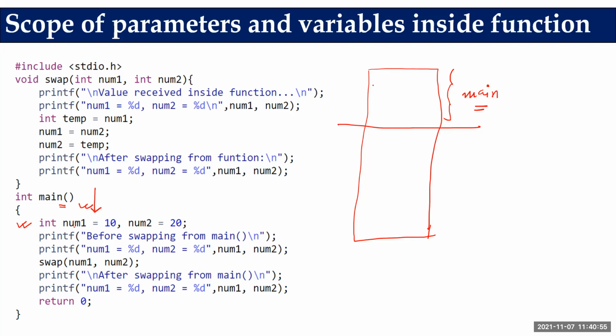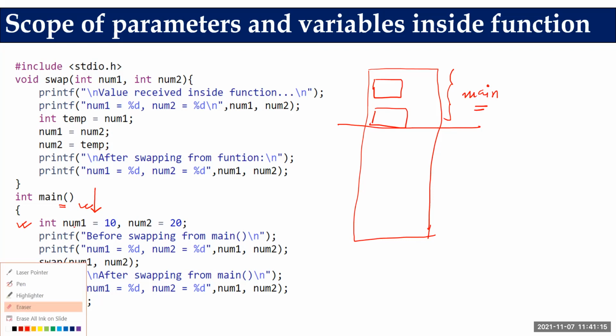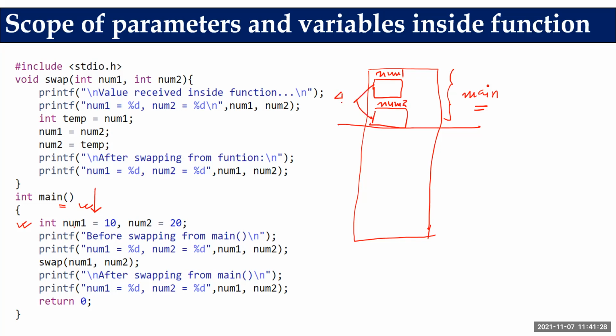So let's allocate 4 bytes of memory for num1 and num2. Two blocks have been reserved. The size of each block will be 4 bytes because they are declared as integers.